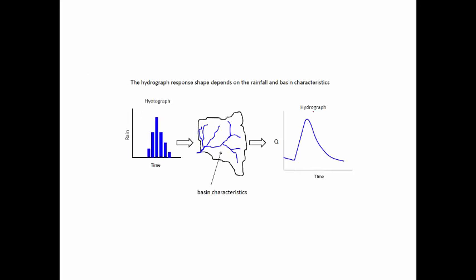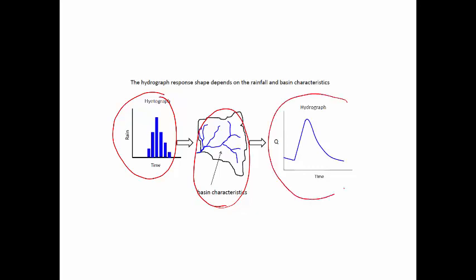So in a watershed, you also saw what a watershed is. In a watershed, you can have a hyetograph from a storm event, and depending on the characteristics of the basin, you get the resulting runoff, which is the hydrograph. So the hydrograph tells you the runoff.